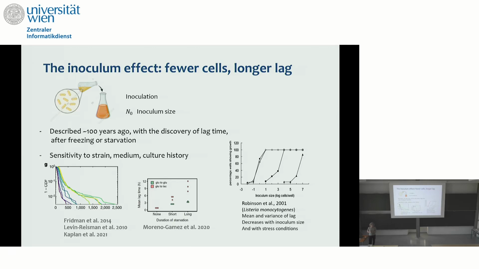Yeah, question? Well, it's never zero, but it's smaller. That's actually another point. Another thing that it depends on is where you take the cells from. If you take them from exponential or from stationary phase, that makes a difference.